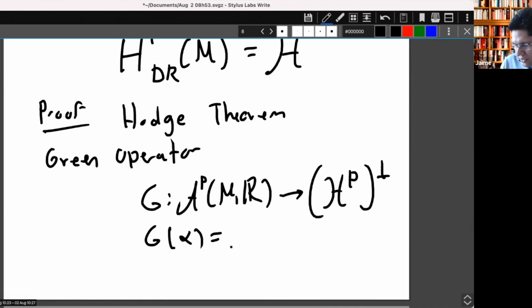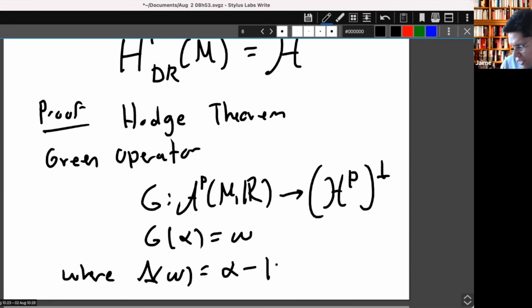So actually what you do is you take alpha to omega, where nabla of omega is actually alpha minus some operator applied to alpha.